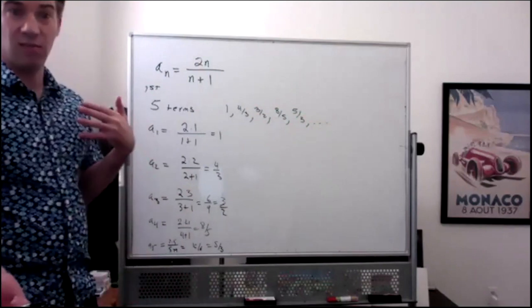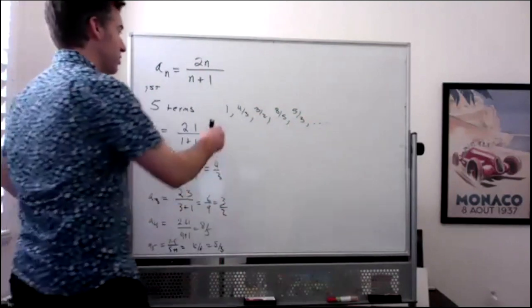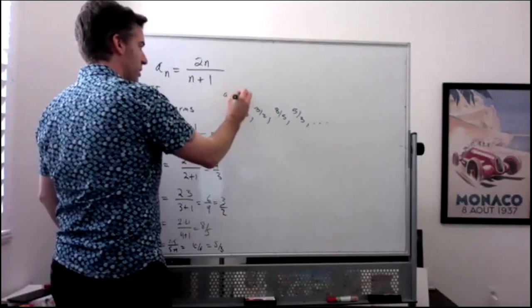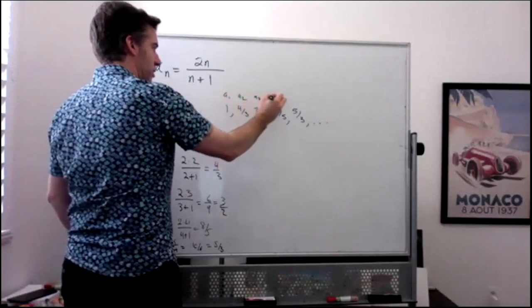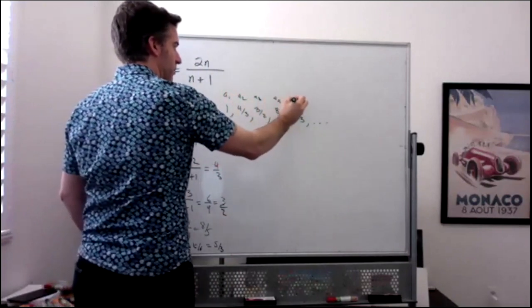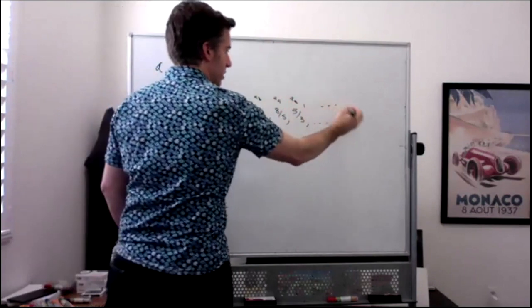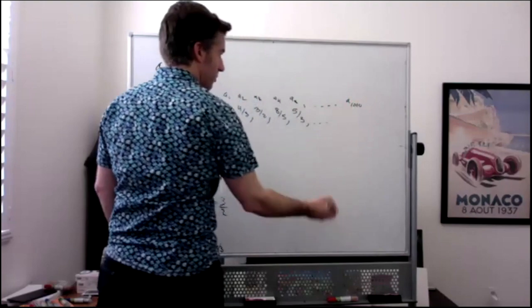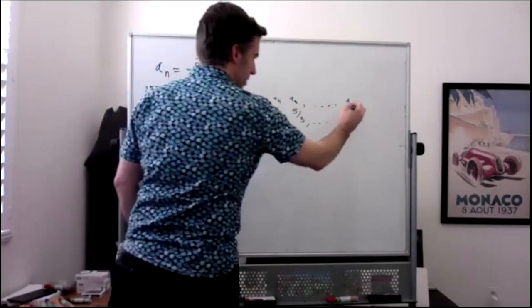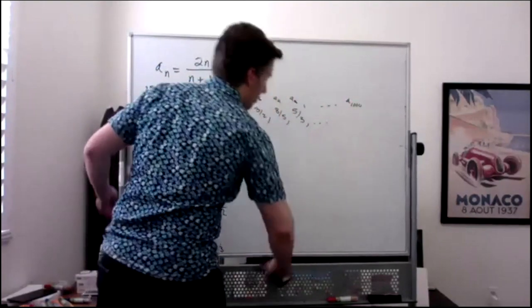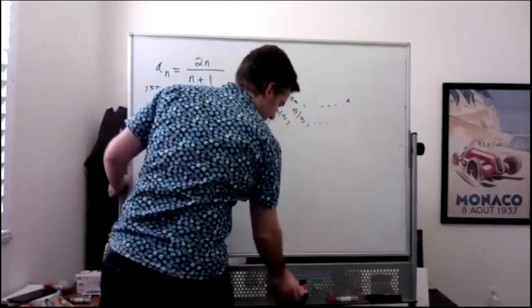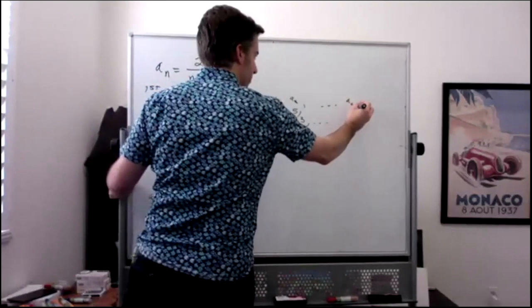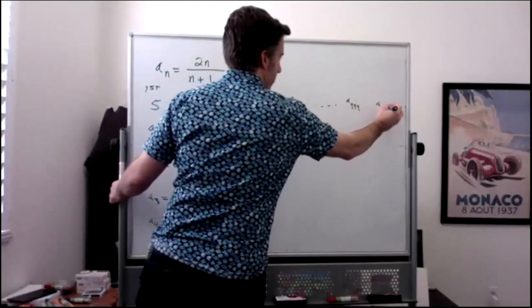Let's also look at a much further out term. So we could say, this is a sub 1, this is a sub 2, this is a sub 3, this is a sub 4, this is a sub 5. And then we could go out to, say, the 1000th term. Actually, I'm going to do the 999th term before I do the 1000th term.